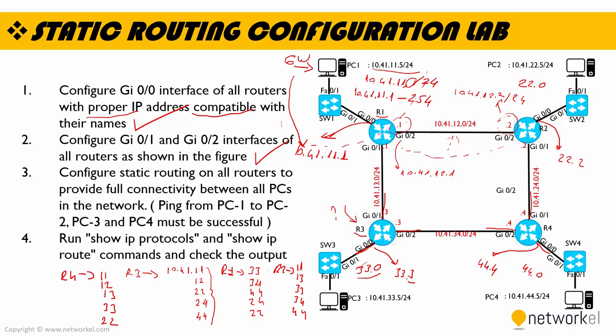For example, for router 1, I'm going to get in the router and say, hey router 1, if you have a packet which has a destination network ID of 10.41.33.0, send the packet to here.